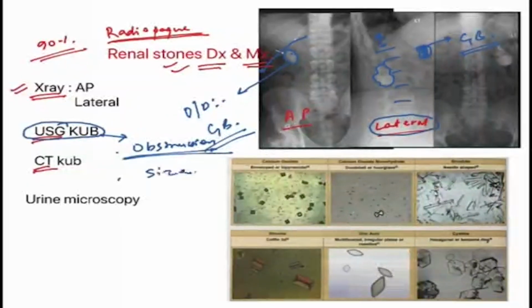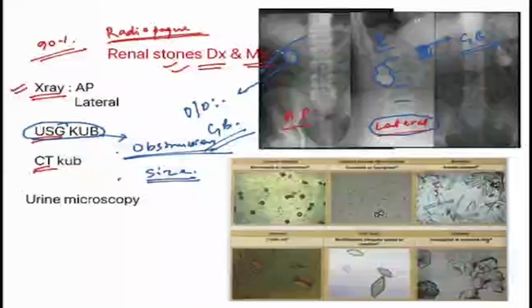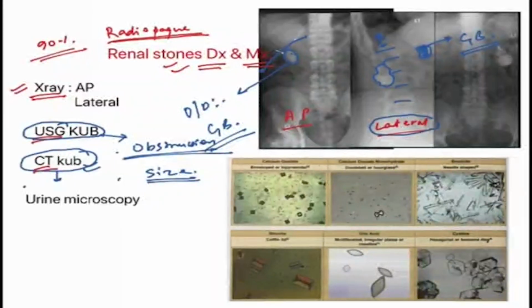Then we can also know about the size of the stone, and other nearby structures can also be seen in ultrasound. Then CT KUB, which is important to know the details of the stone and surrounding structures and any vascular anomalies. This can also be seen on the CT scan.